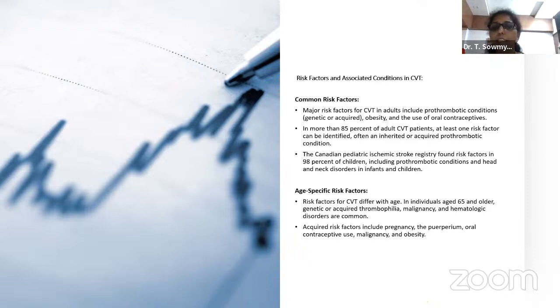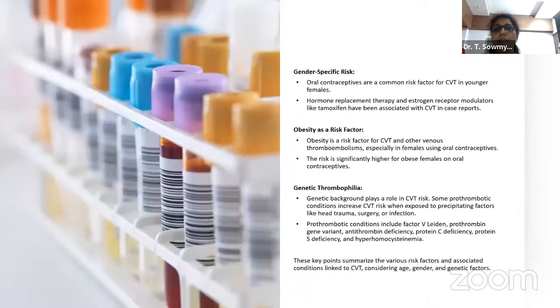And coming to the age-specific risk factors, in individuals aged 65 and older, genetic and acquired thrombophilia, malignancy, and neurological disorders are more common. Acquired risk factors are pregnancy, puerperium, use of oral contraceptives, malignancy, and obesity. These are all acquired.